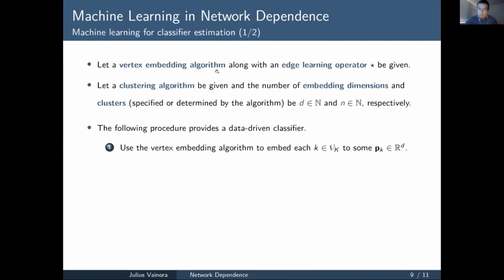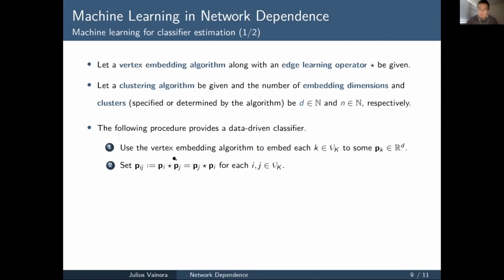Then to obtain a classifier, what we may do is something very straightforward. First, we use a vertex embedding algorithm to embed each vertex, each node k, to some vector pk in Rd. Then I set another vector pij, which will be my edge embedding, and I will construct it by using the vertex embeddings.